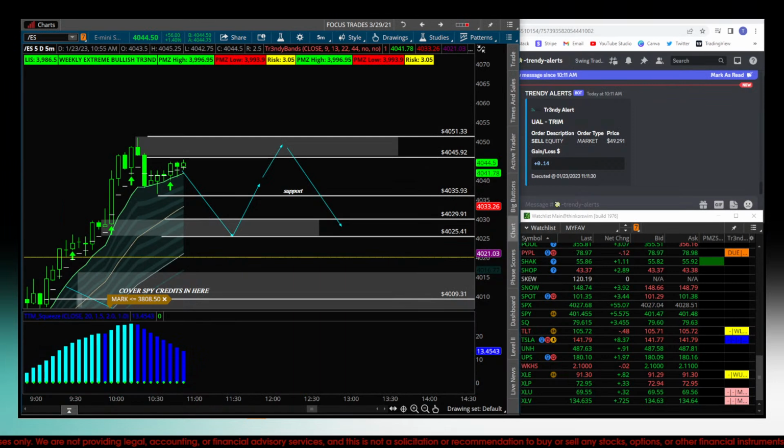The reason why I don't do that is because I only measure trend. I do not measure sideways market. Does that make sense? So, sideways, boom, I measure. It starts to come back, I measure.